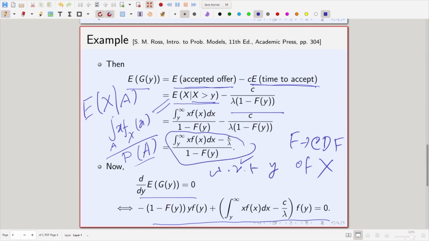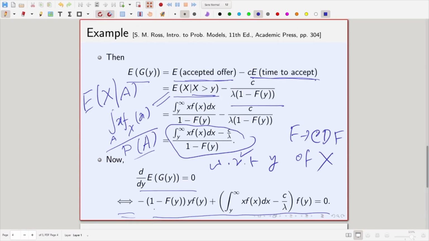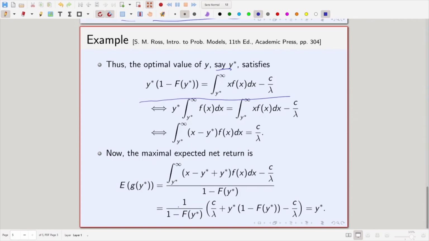So the optimal value of y will satisfy this relation. You do not get it very explicitly, but you get it in terms of this relation. Let us call the optimal value y star. I just take this thing to the other side, and then we get this.